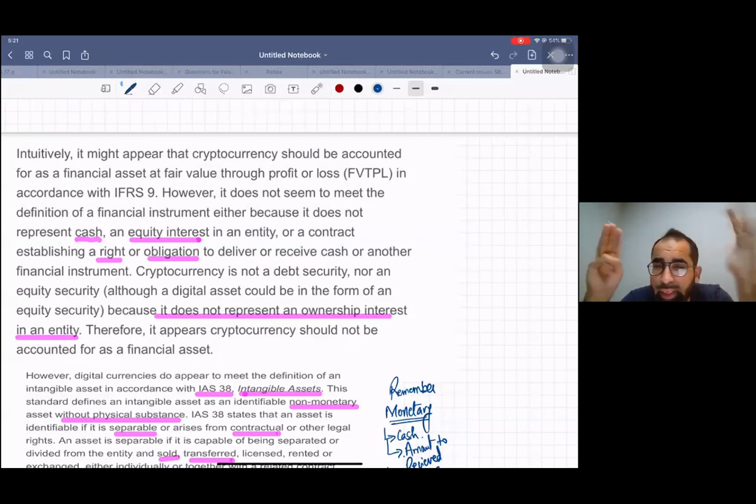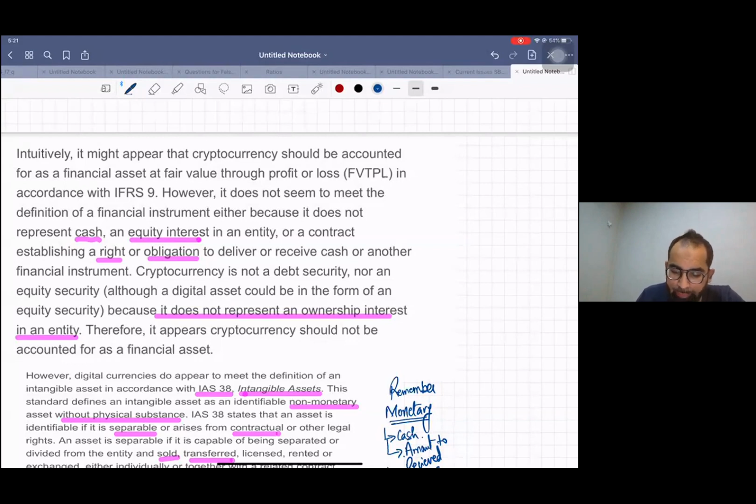You don't get any ownership or voting rights of any other entity using cryptocurrency. So my dear student, it does not meet the definition of financial instrument or financial liabilities. That's why forget about the fair value through PNL or fair value through OCI thing.